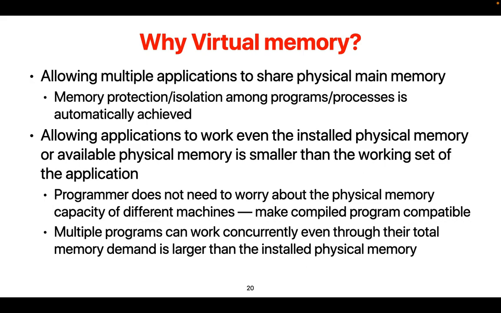So as you can see, virtual memory has a lot of benefits. For example, if you have multiple programs, like what I just demoed, they can share the memory without any problem. The second thing, even though your application uses more memory than you physically installed, that doesn't matter, because as long as you have the virtual memory abstraction, the hardware and the software will handle this dynamic mapping and swapping of your data.